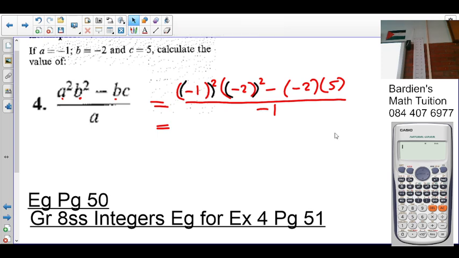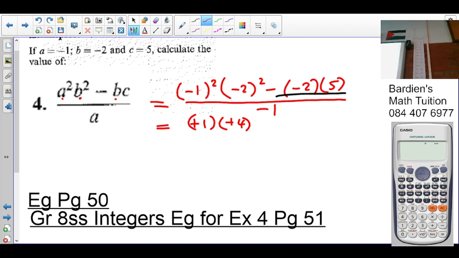So what's negative 1 squared? Positive 1. What's negative 2 squared? Positive 4. And I can multiply this out, you all agree? So negative times negative times positive. 2 times 5 over negative 1.